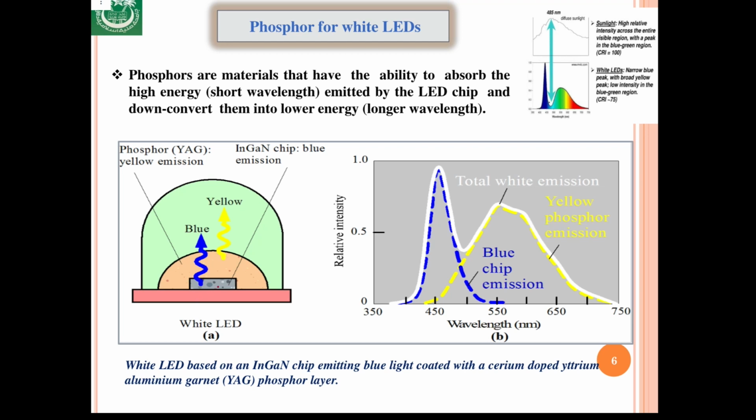So one has, for example, an LED based on an indium gallium nitride chip emitting blue light and a yellow phosphor. This curve shows the mixing of the blue emission from an LED and the yellow phosphor emission from a phosphor material. The resultant is this total white emission.